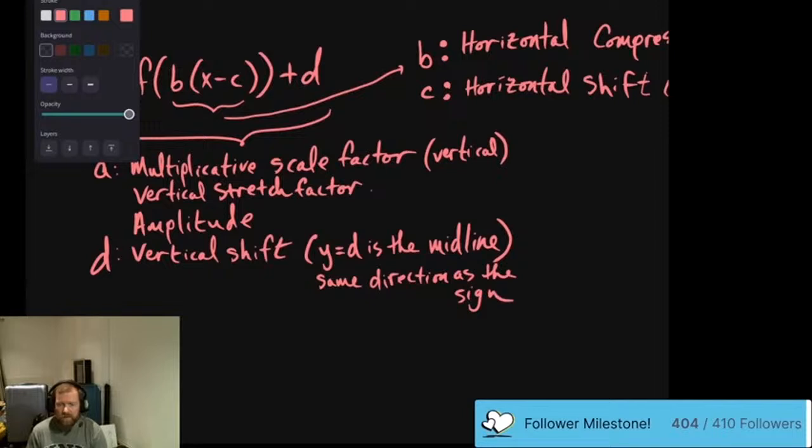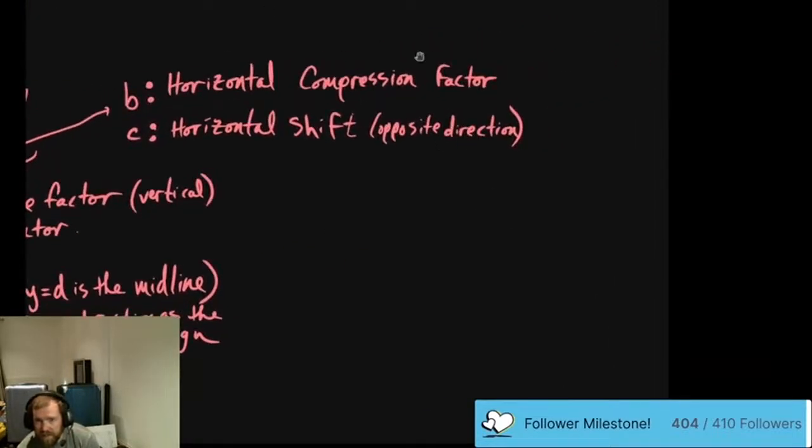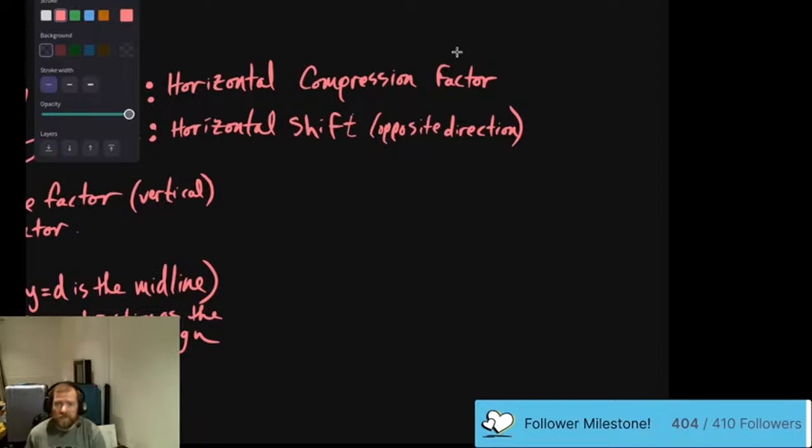Okay, so our vertical shift is going to be the same direction as the sign. Our horizontal shift is going to be the opposite direction as the sign. This is sometimes known as phase shift. However, really, phase shift is b times c.